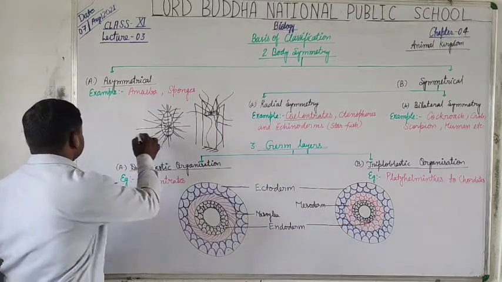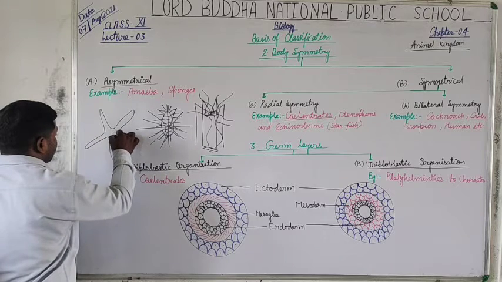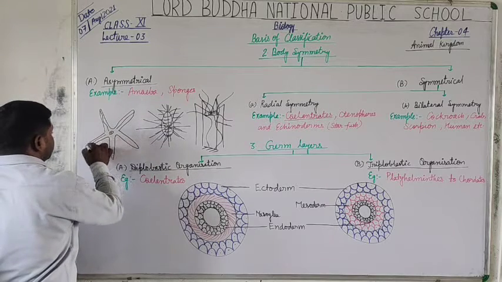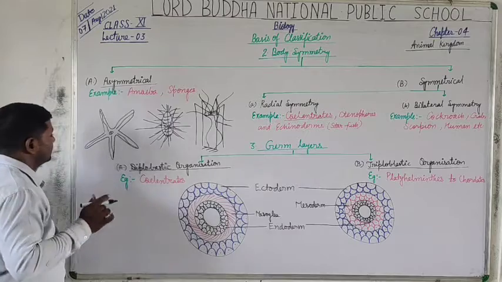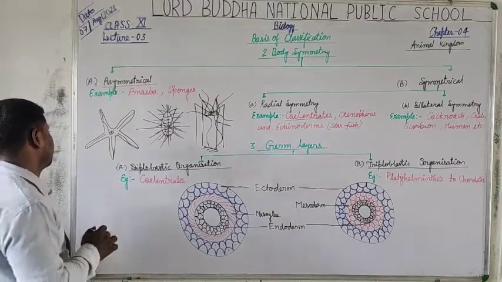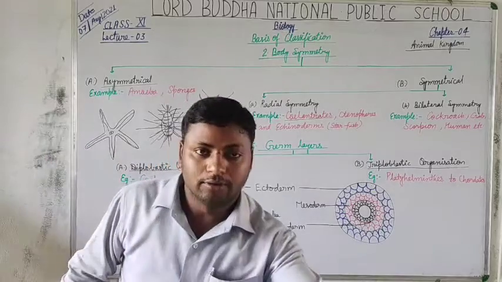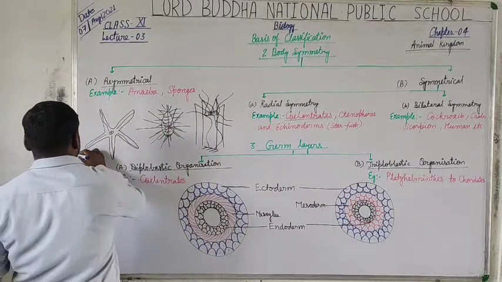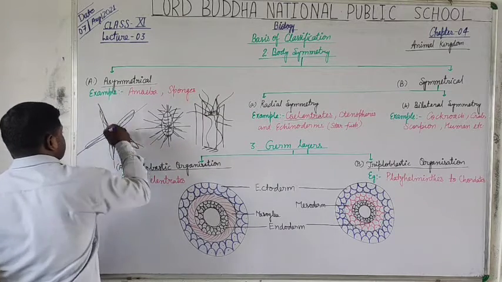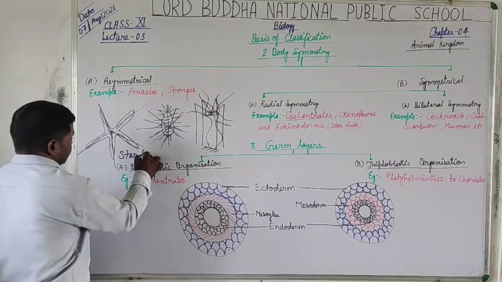The starfish, yes students, the starfish, a member of the phylum Echinodermata. Very good. Echinodermata also possess radial body symmetry because their body can be radially divided into more equal halves, about 10 equal halves. Is that clear? This is radially symmetrical, and this is the structure of a starfish.